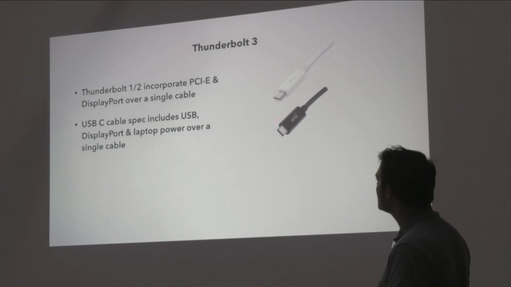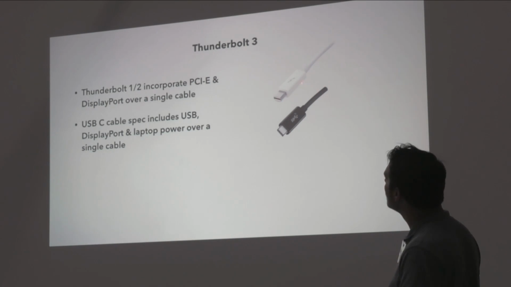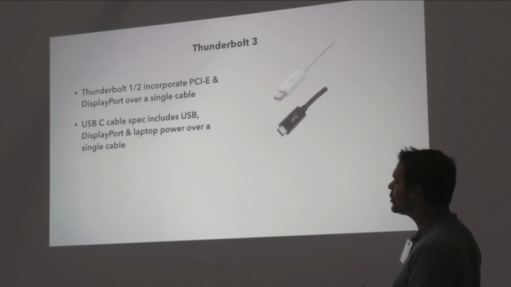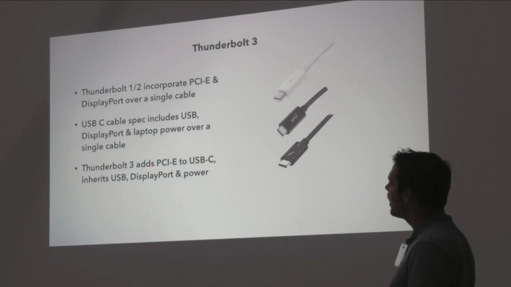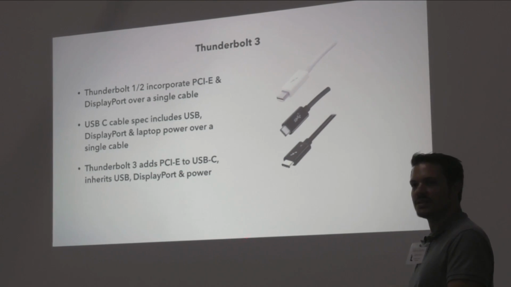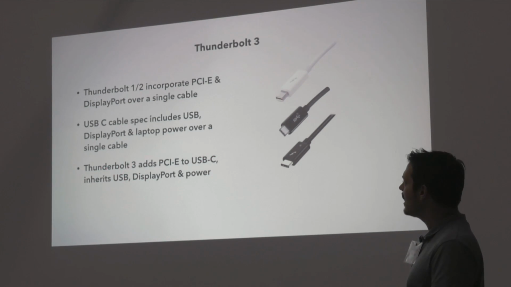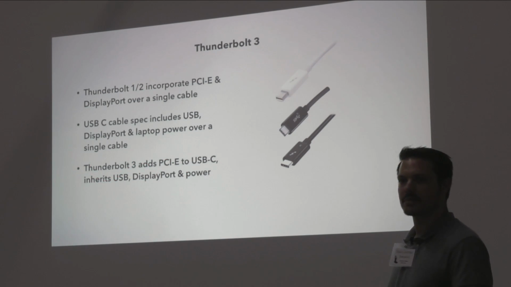So when Intel looked at this situation, they realized, well, we've already got DisplayPort in here, and we also have laptop power and USB. Why don't we just take Thunderbolt and put it into a USB-C cable? So Thunderbolt 3 basically adds PCI Express to USB-C, and because of that, Thunderbolt 3 has PCI Express, USB, DisplayPort, and enough power for your laptop.